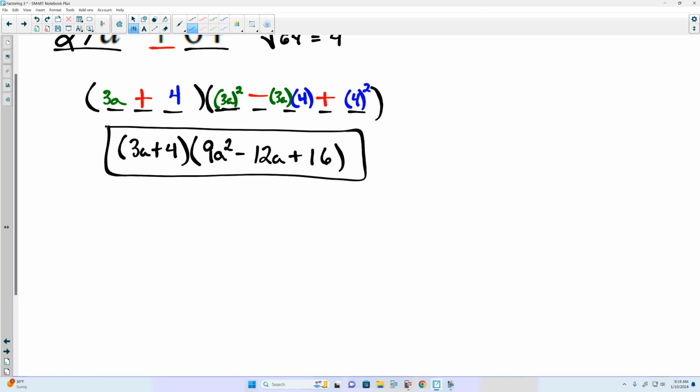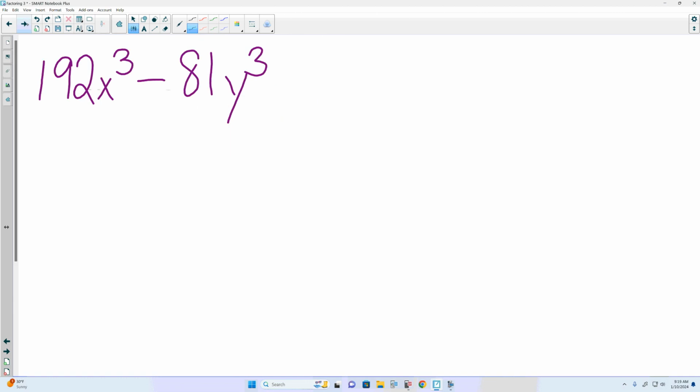Questions on this here? Well, that's fine. It's okay that it's not a perfect square, because we really need it to be a perfect cube.